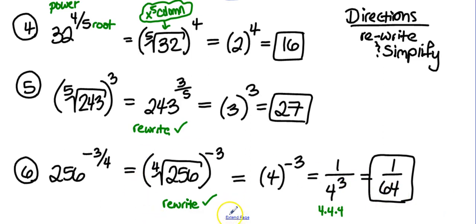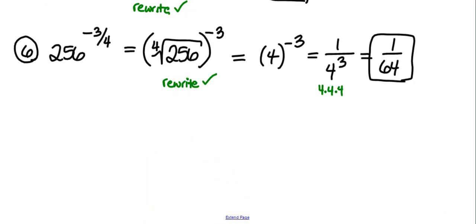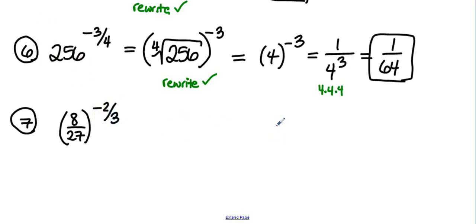Last example for today. 8/27 raised to the -2/3 power. And as soon as I'm writing this, I'm sure there's people that be like, oh my God, Miss J, this is crazy. But no worries whatsoever.